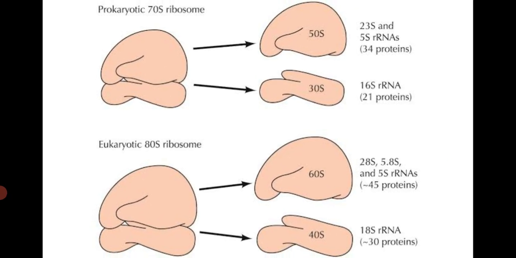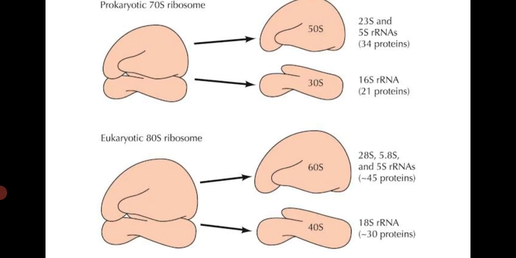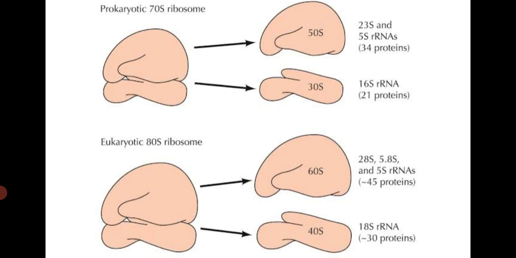Here in this image, the prokaryotic 70S ribosome is made up of smaller units, that is 30S and 50S.